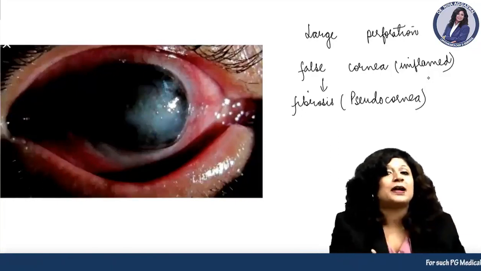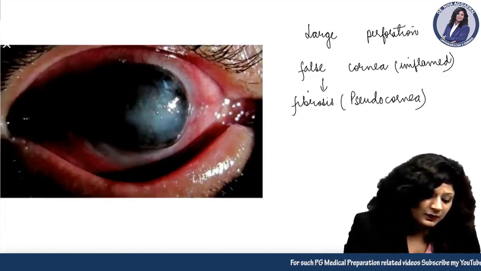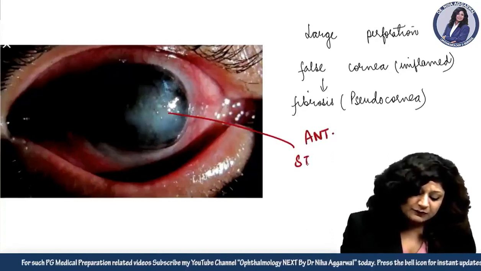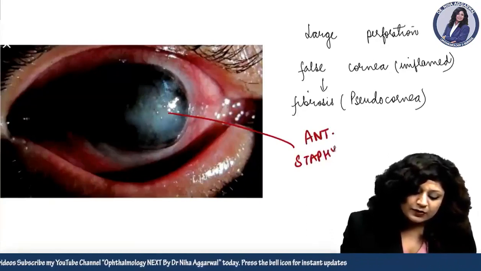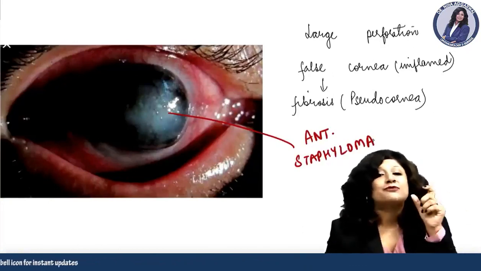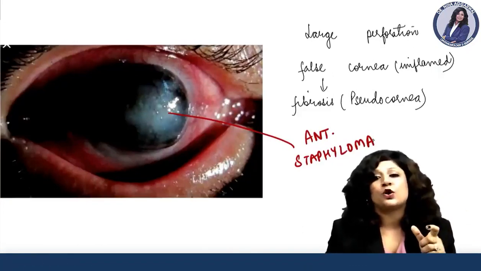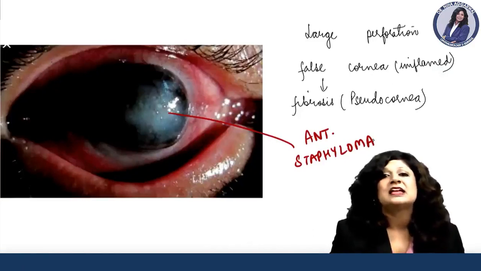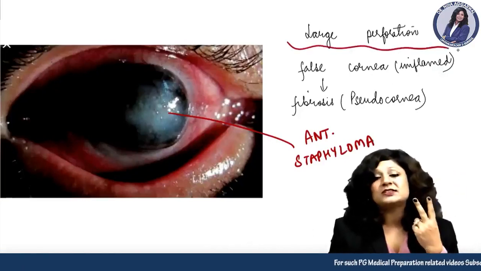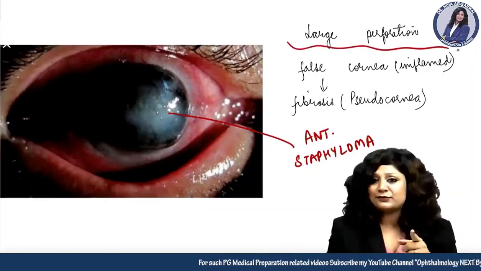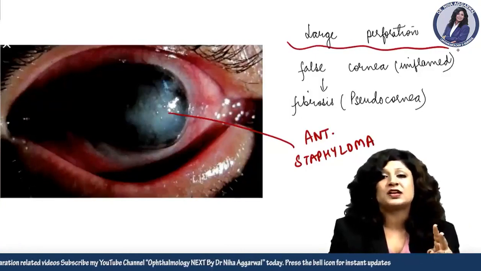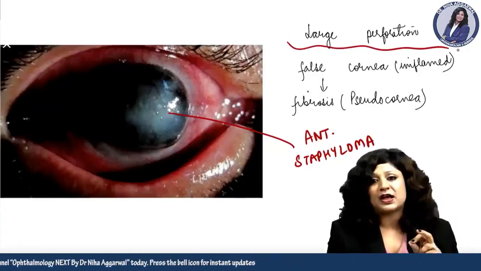Because it gives a bunch of grapes appearance, this is also called the anterior staphyloma. Staphylo means bunch of grapes appearance. So, very important two questions: the sequelae of small perforation is the adherent leukoma, while the sequelae of large perforation is anterior staphyloma.